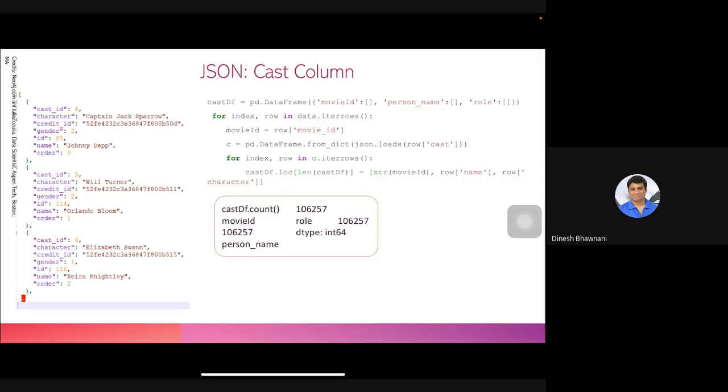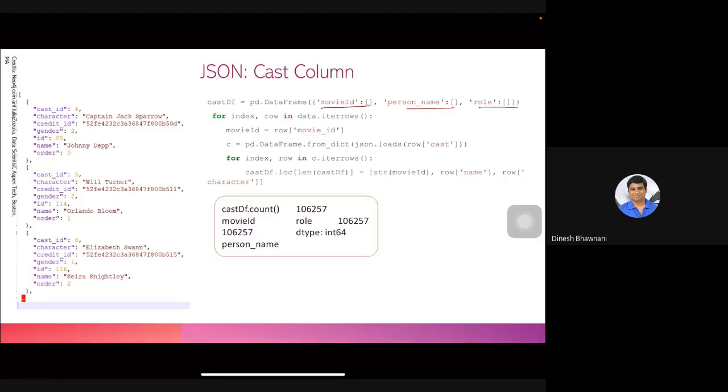Now if you want to extract something from the cast column, then you say cast df, data frame. df is something you create, so you can call it anything, whatever you feel comfortable with, is equal to pd dot pandas data frame movie id, and so on and so forth. You have to give this kind of syntax.